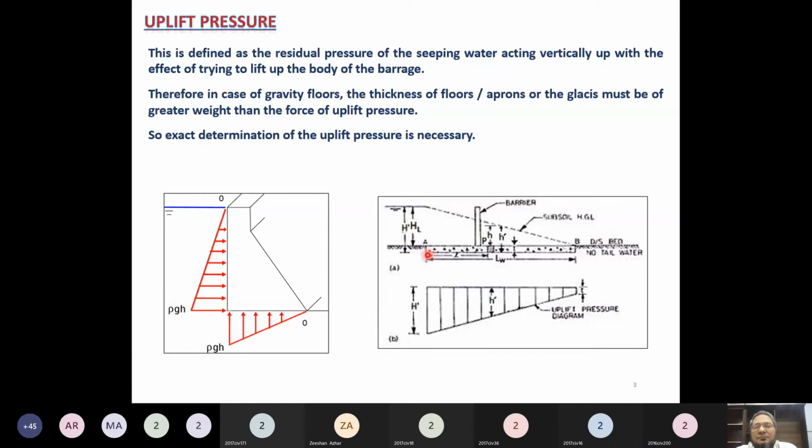Entering point A. Yes, on the upstream side. On the upstream side, the upward pressure of water is highest. Then it reduces as we move downstream. And what is the location where this uplift pressure is lowest?